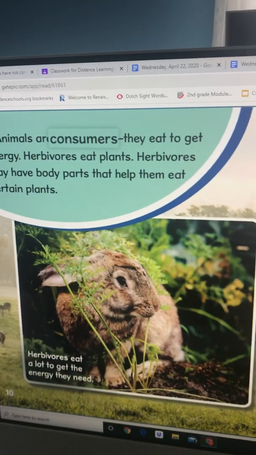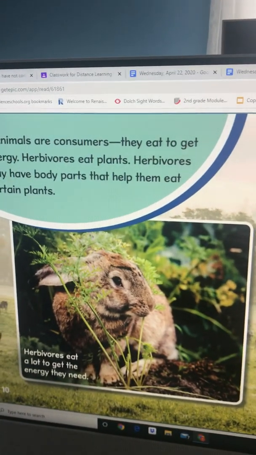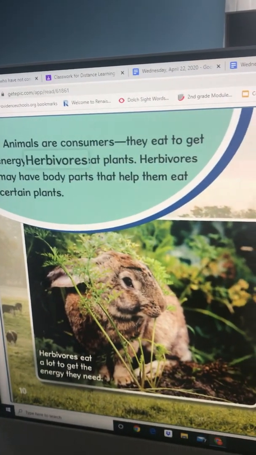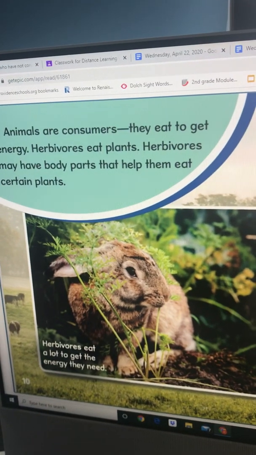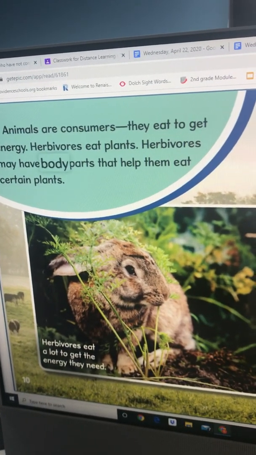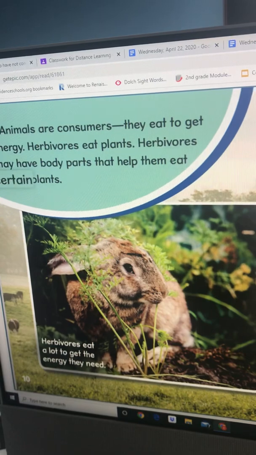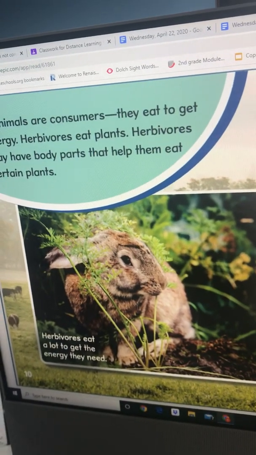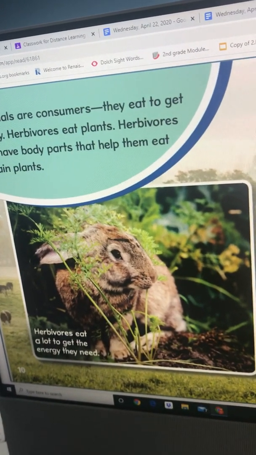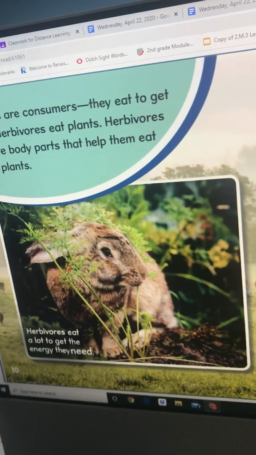Animals are consumers. They eat to get energy. Herbivores eat plants. Herbivores may have body parts that help them eat certain plants. Herbivores eat a lot to get the energy they need.